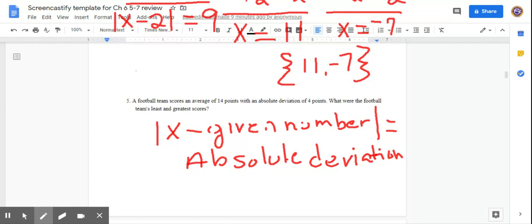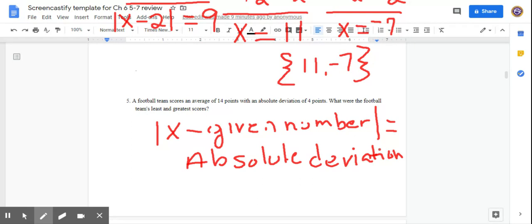So let's look at the problem. A football team scores an average of 14 points with an absolute deviation of 4 points. What's the given number? 14 points. What's the absolute deviation? 4 points. It tells you there are only 2 numbers there. It tells you absolute deviation, so the other one has to be the given number.